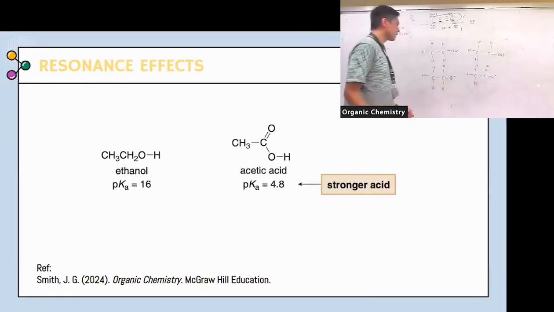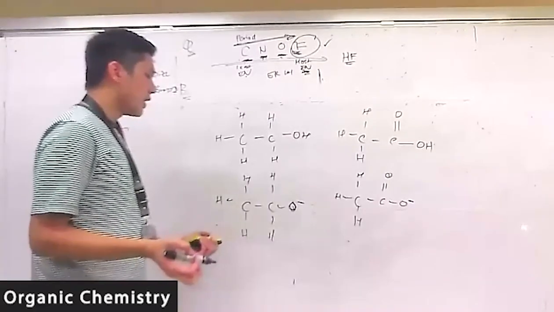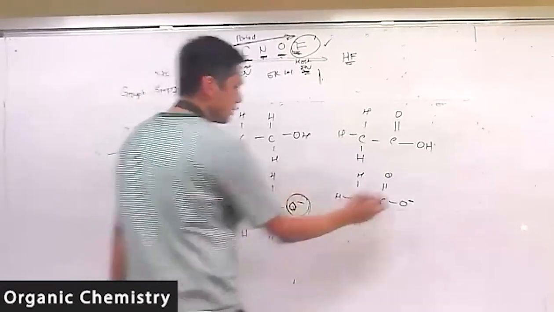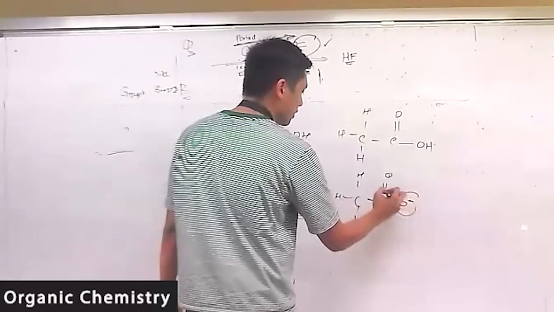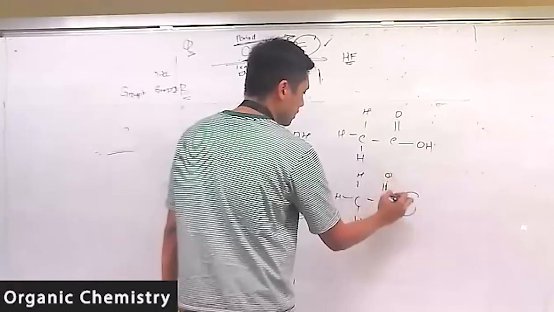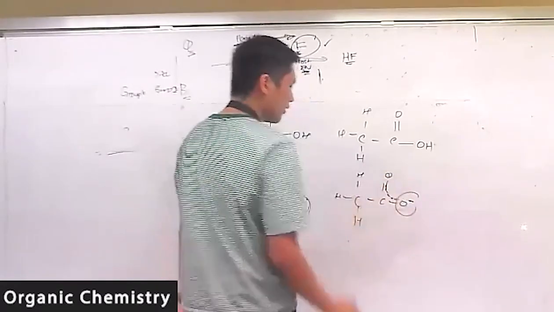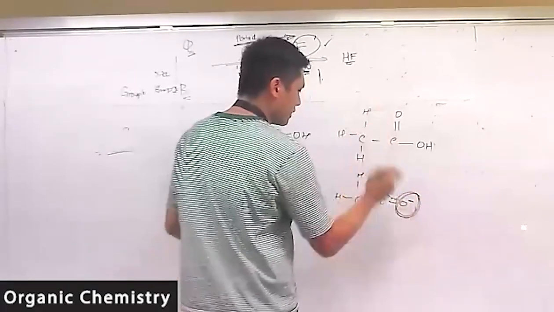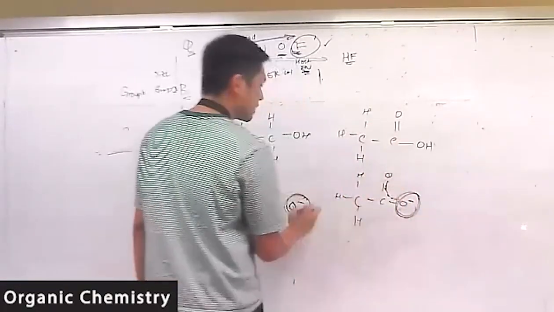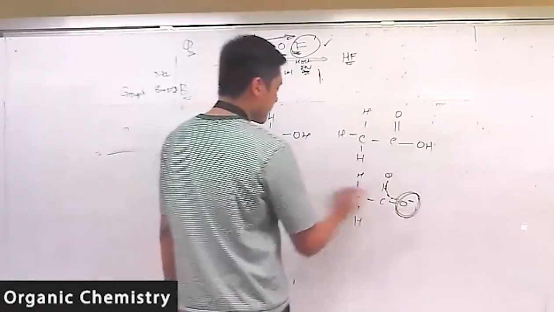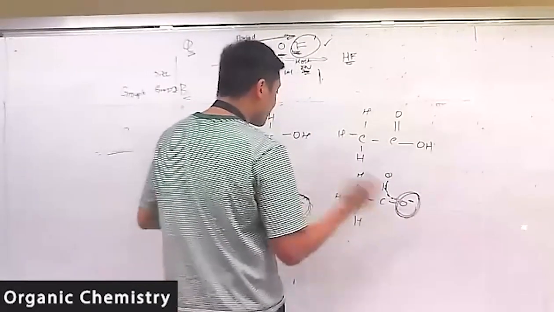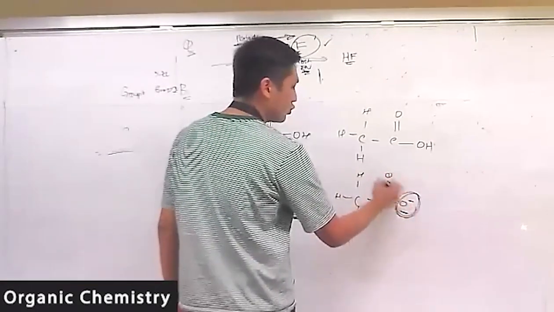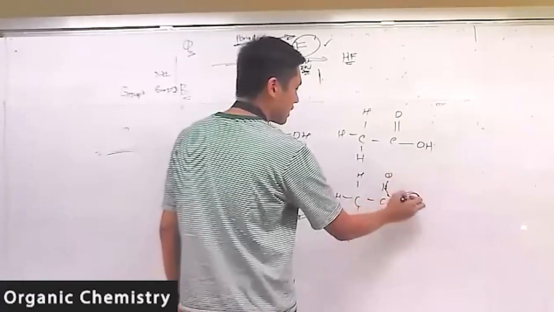So what did I mention earlier about resonance? This negative charge is not shared with the hydrogens here, but this negative charge is shared with the oxygens here because of resonance. So the negative charge here is carried by two atoms, while in here it is carried by one. So the oxygen here feels heavier than the oxygens there, because two oxygens are carrying that negative charge.